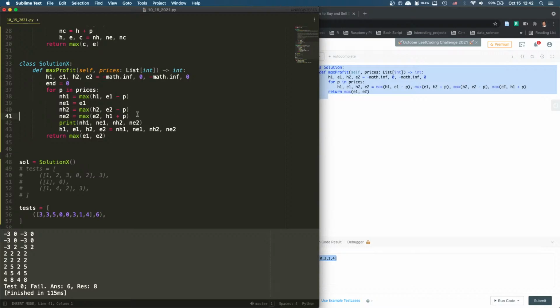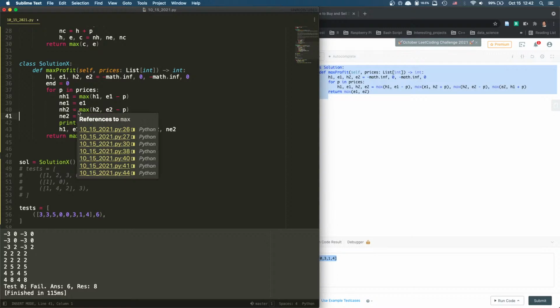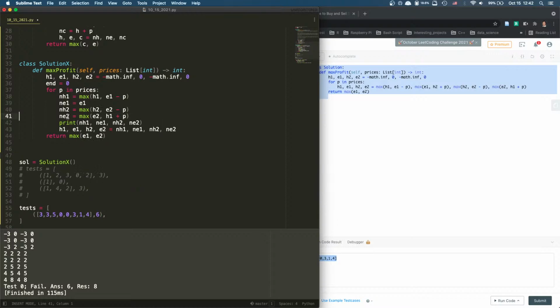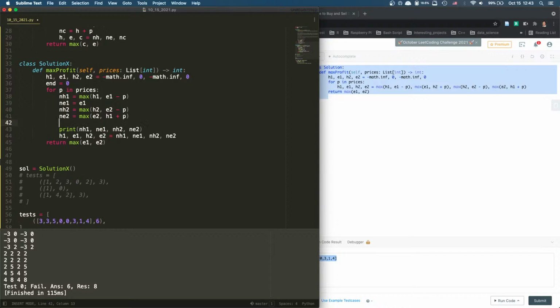And then H2 can go this, and E2, H2 going to sell from E2, and we're going to have an end state. It's going to be max end state itself, right?